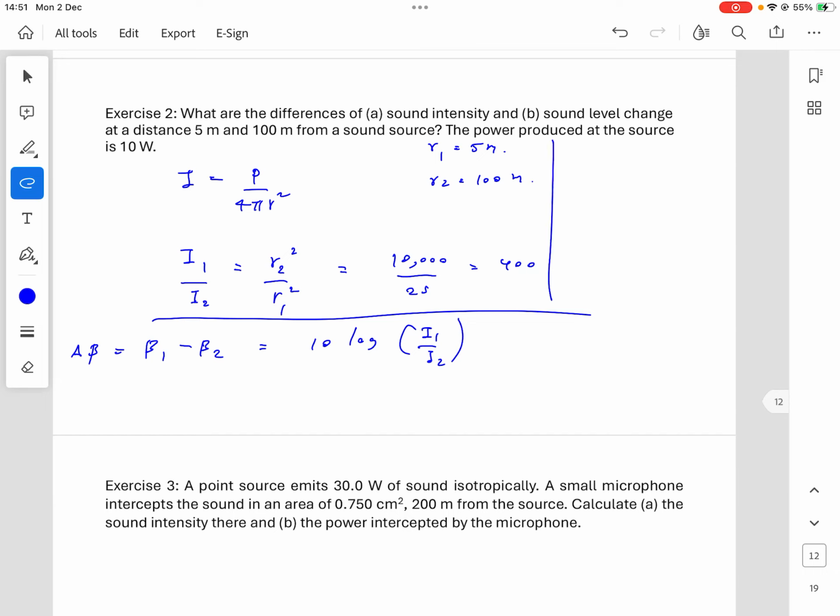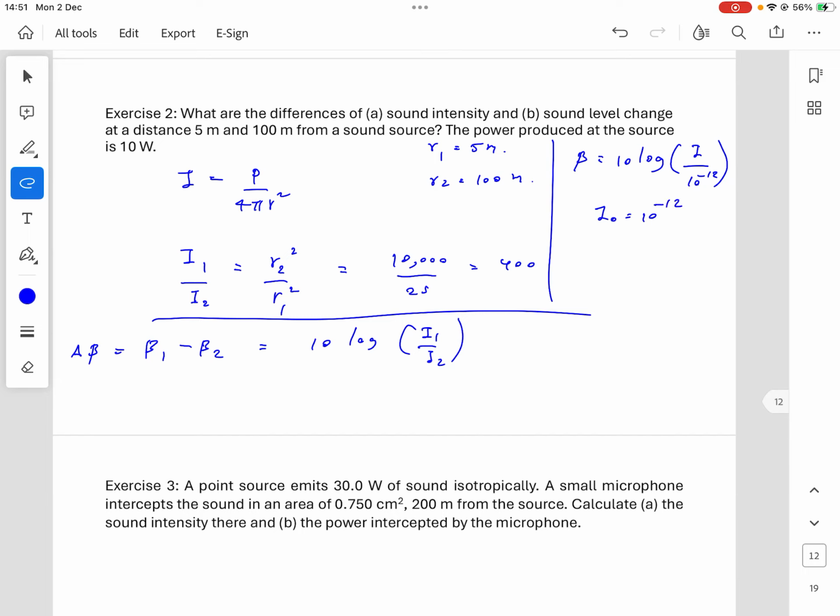Okay, let me remind you that the sound level in decibels can be expressed as 10 log of I divided by 10 to the minus 12, which we call I0.